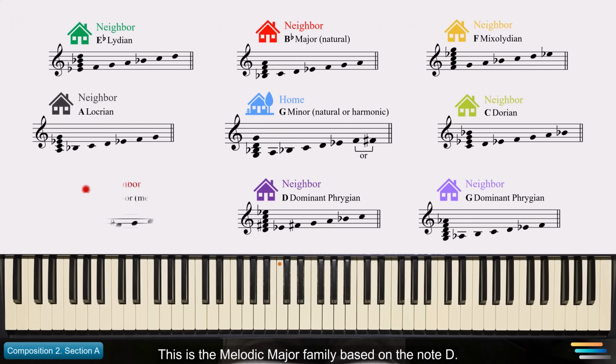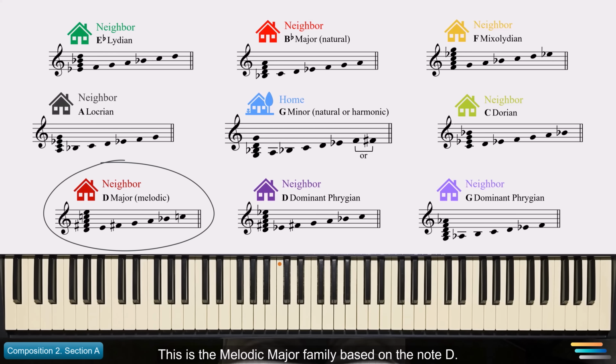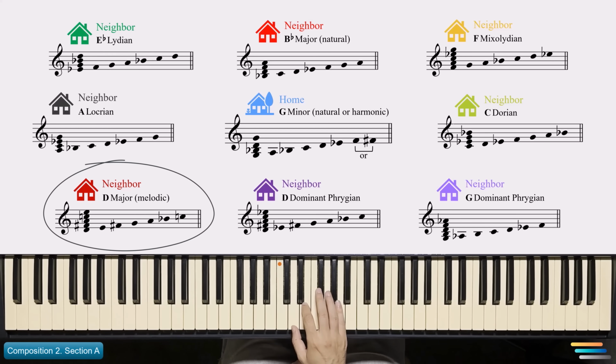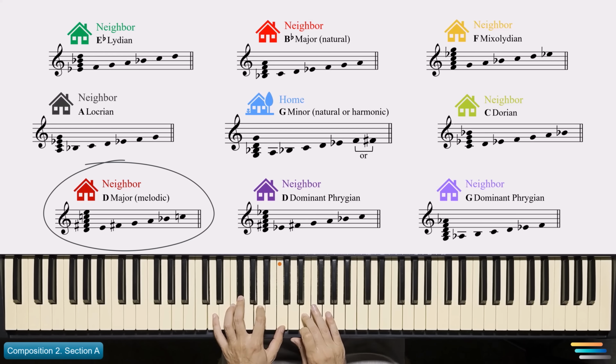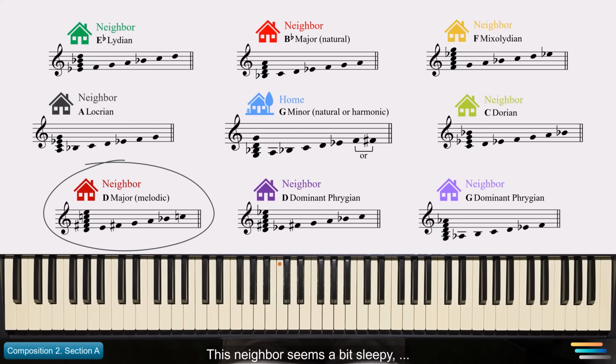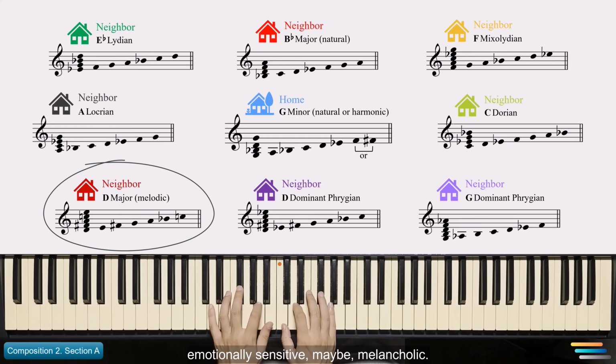This is the melodic major family based on the D. The harmony of the scale consists of D, F sharp, A, C, E. This neighbor seems a bit sleepy, emotionally sensitive, maybe melancholic.